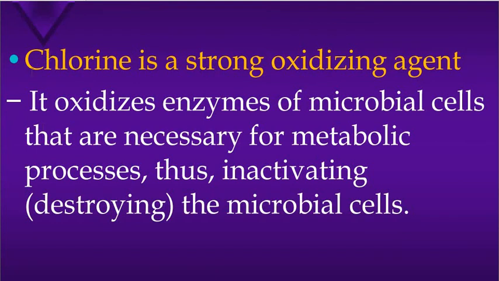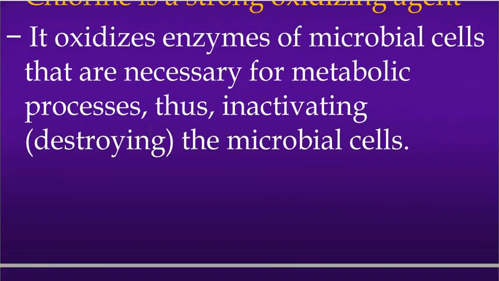You have to understand that chlorine is a strong oxidizing agent, which means it oxidizes the enzymes of the microbial cells that help the microorganisms to grow further, that are necessary for their metabolic processes. Thus it inactivates or destroys the microbial cells. This is the most important point: it is a strong oxidizing agent and it destroys the microbial cells.